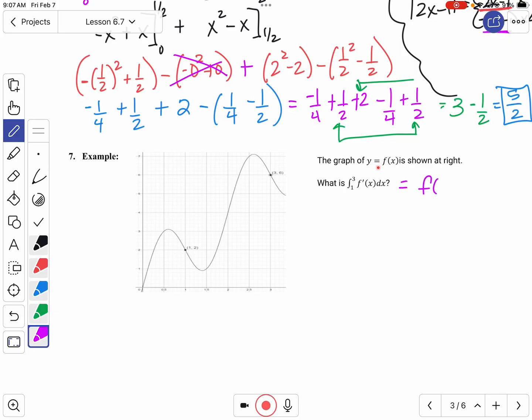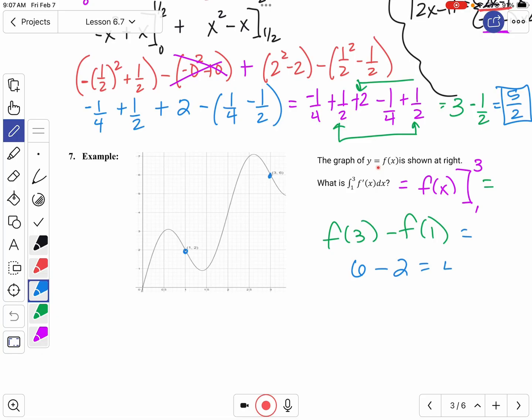F. And we're going to evaluate it from 1 to 3. So what I need is f at 3 minus f at 1. Do I have what I need? Yes. Yeah, they're just those y values on the graph. Okay? F at 3 was 6. F at 1 is 2. My answer is 4.